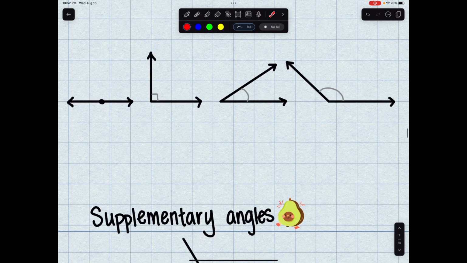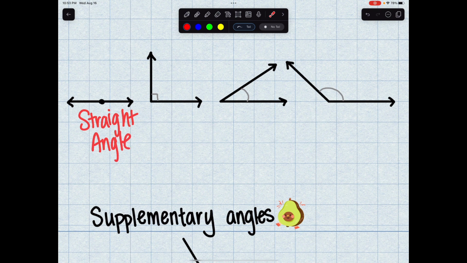All right, let's look at the names of these angles. If you start here and end up here, that is called a straight angle, like a straight edge. And you already know that that's 180 degrees. This is called a right angle.